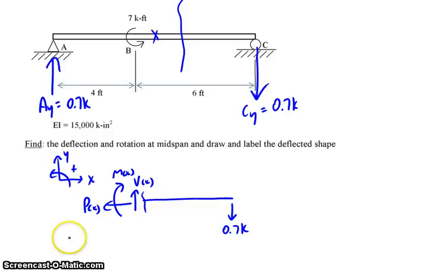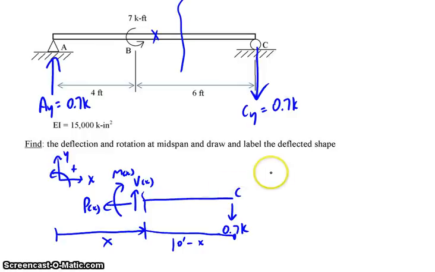We also need to label distances here. As a rule of thumb, I like to label X starting at the far left end, which is off our free body, going to the cut, meaning that from the cut all the way to the right end is going to be 10 feet minus X. And I'll label this as point C. So we're going to sum moments about the cut and set that equal to 0.